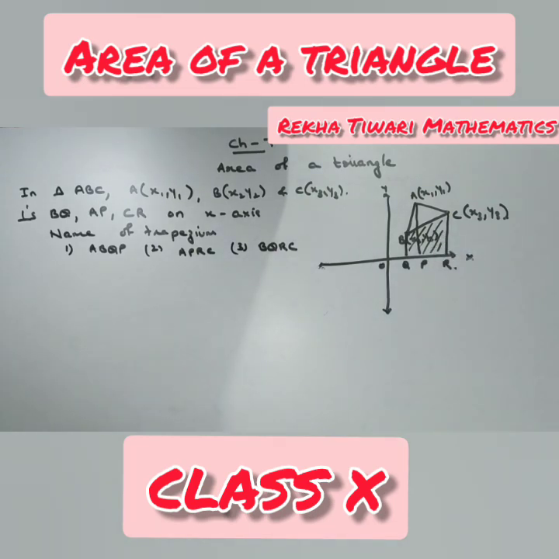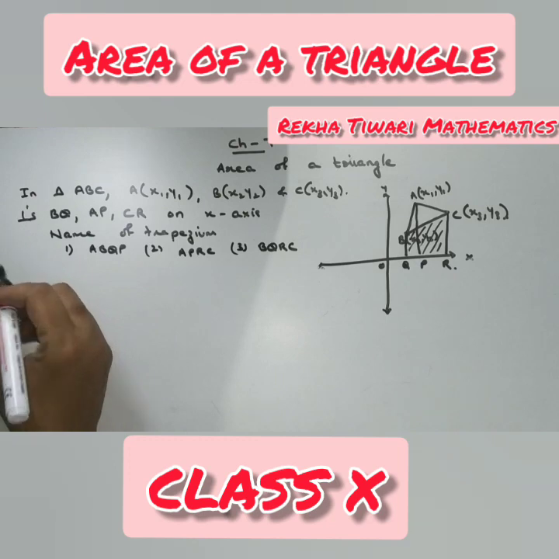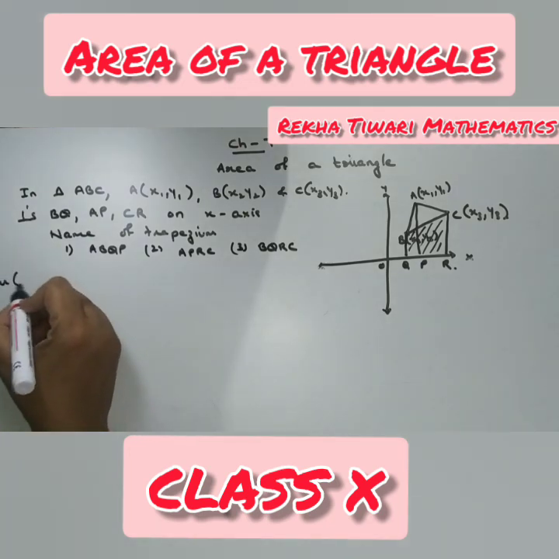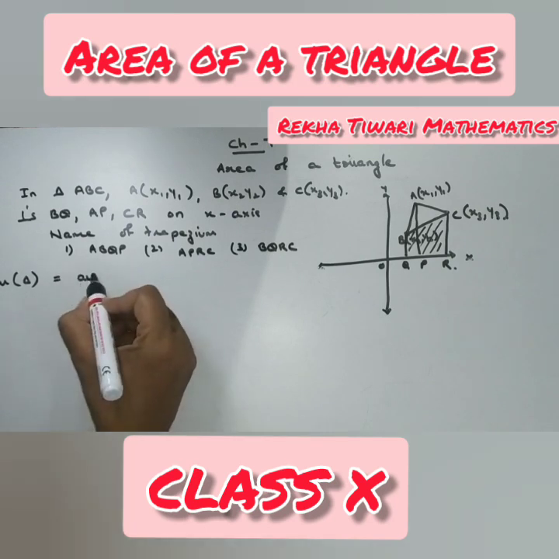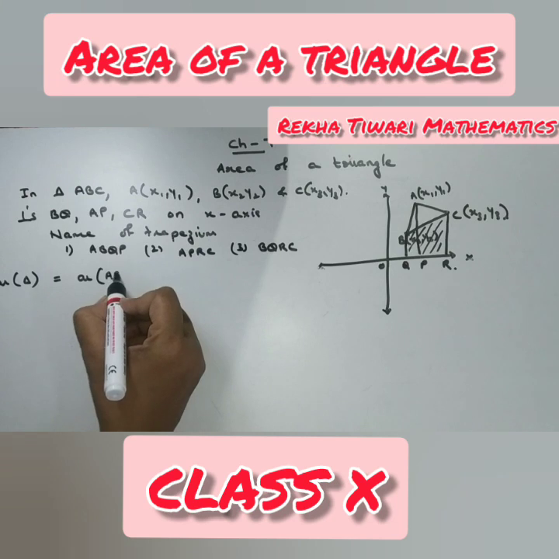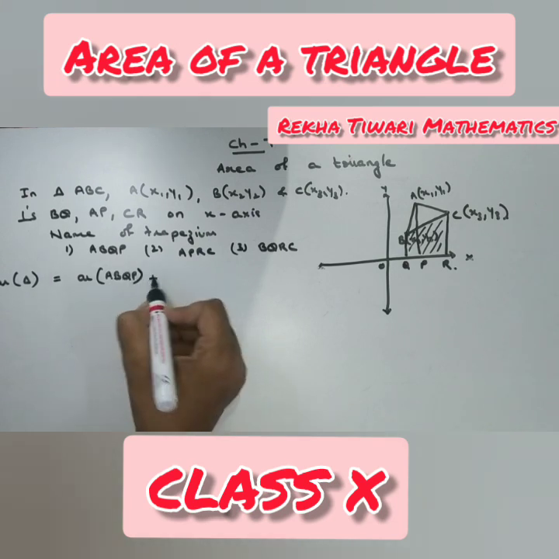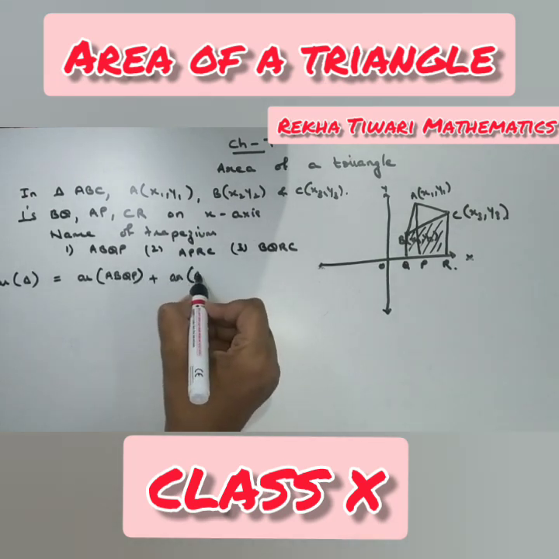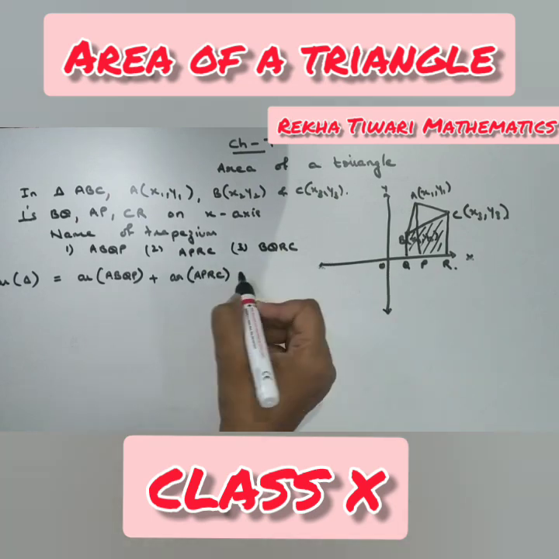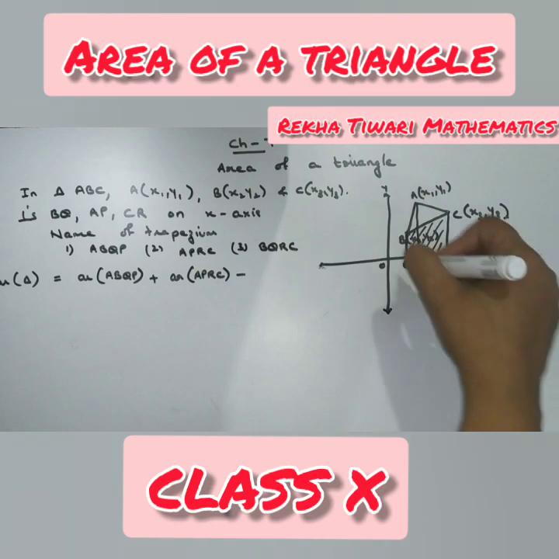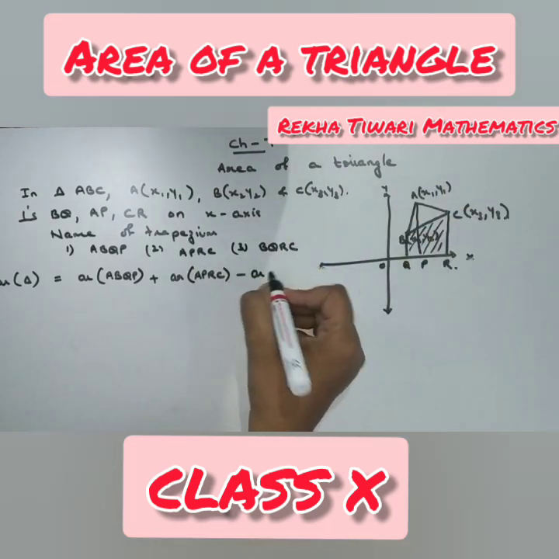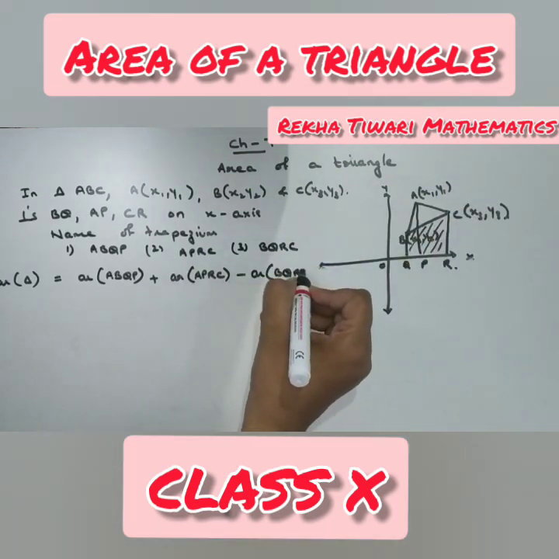So, the area of triangle ABC is equal to the area of trapezium ABQP plus the area of trapezium APRC minus the lower trapezium, that is, the area of trapezium BQRC.